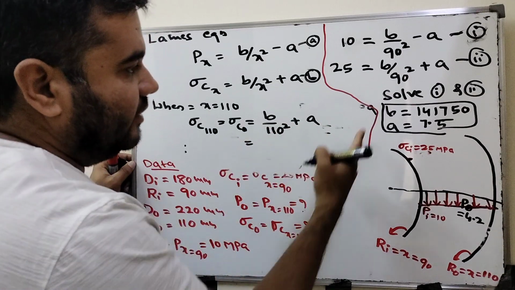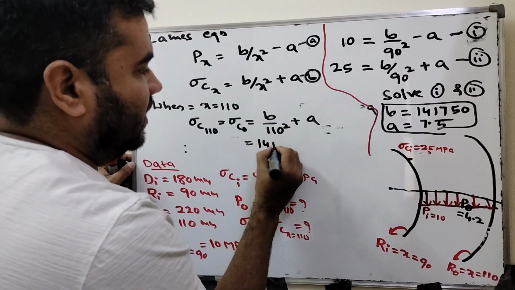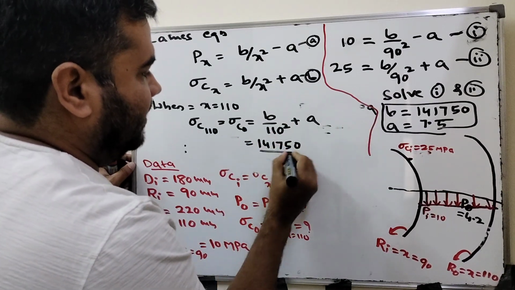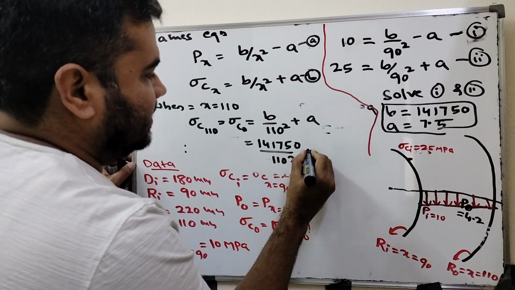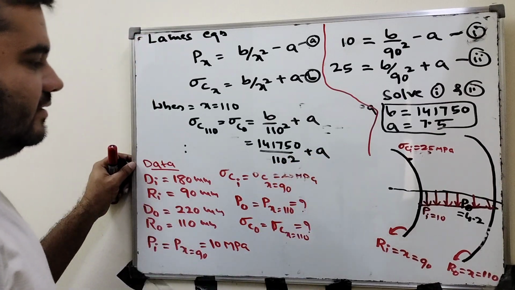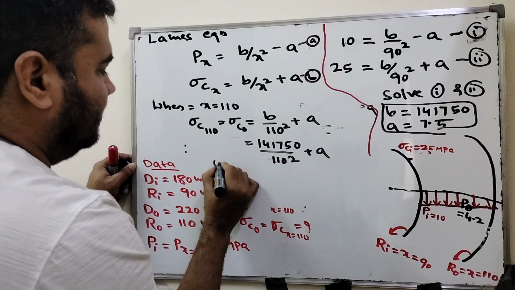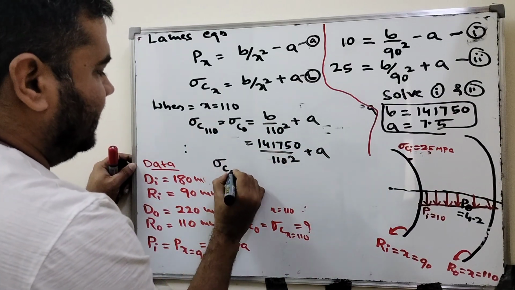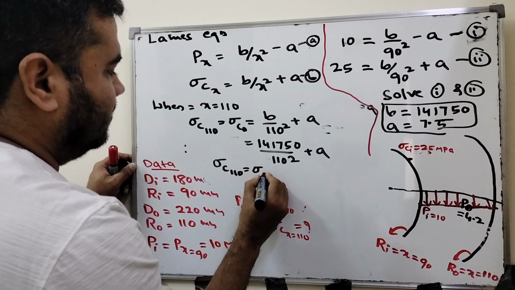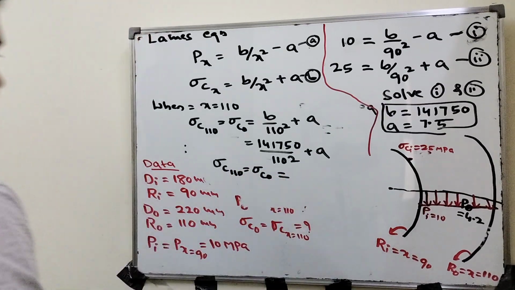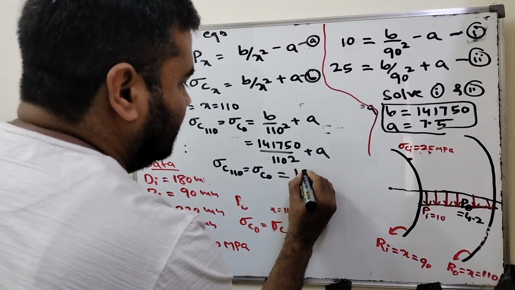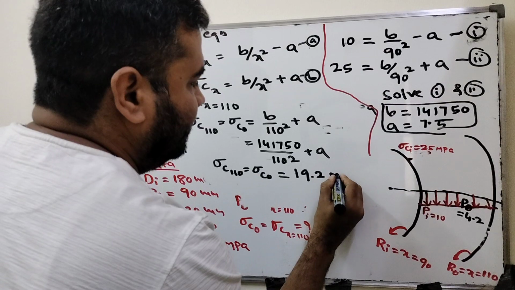Now substitute the b value, 141750 divided by 110 square plus a. Simplify and calculate, and we will get sigma c at 110 equal to sigma c naught equal to 19.2, that is 19.2 MPa at the outer wall.